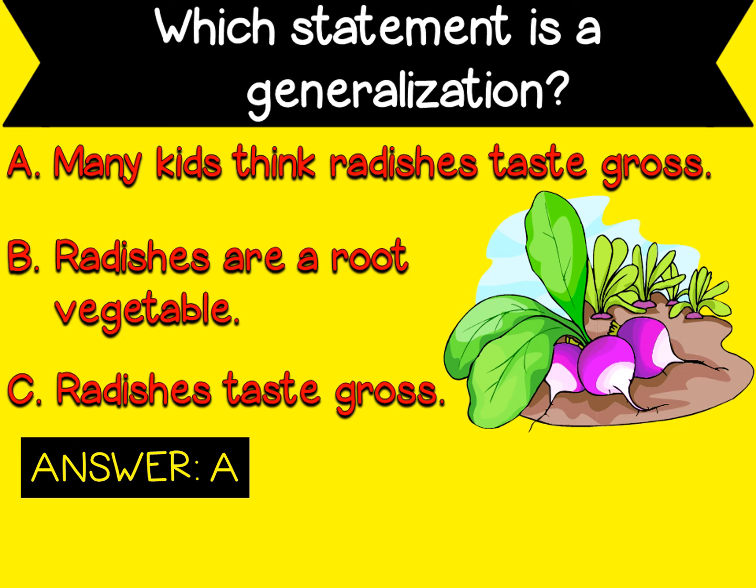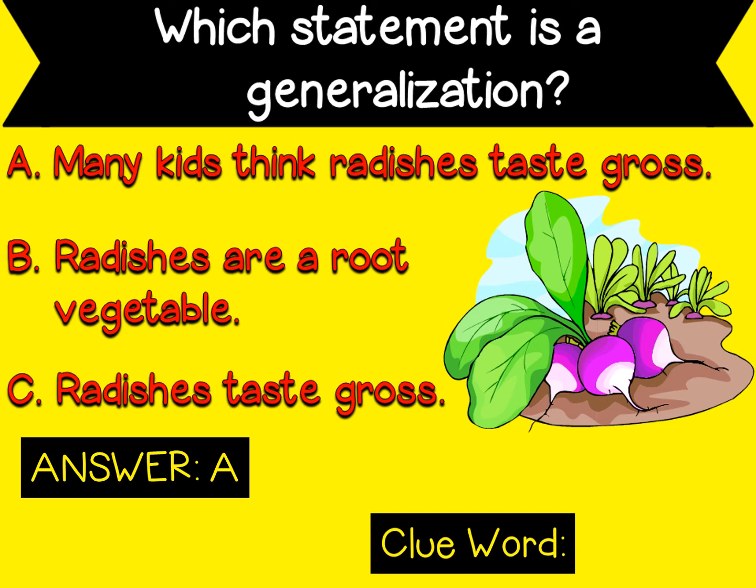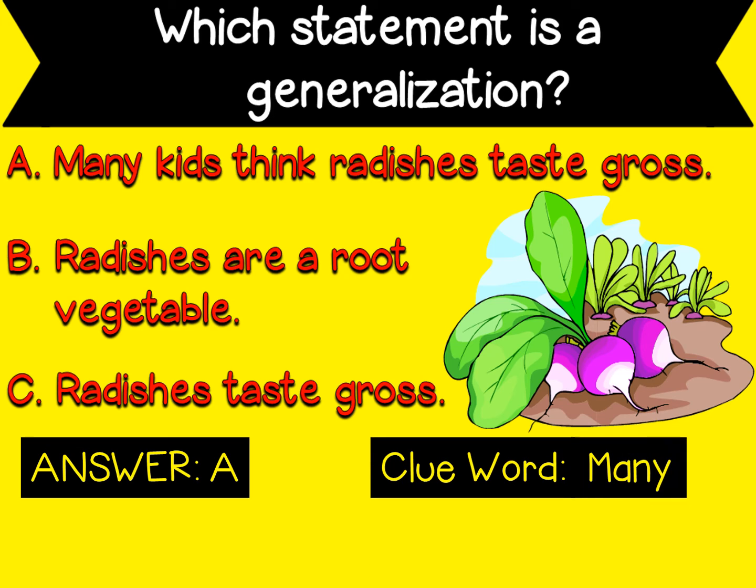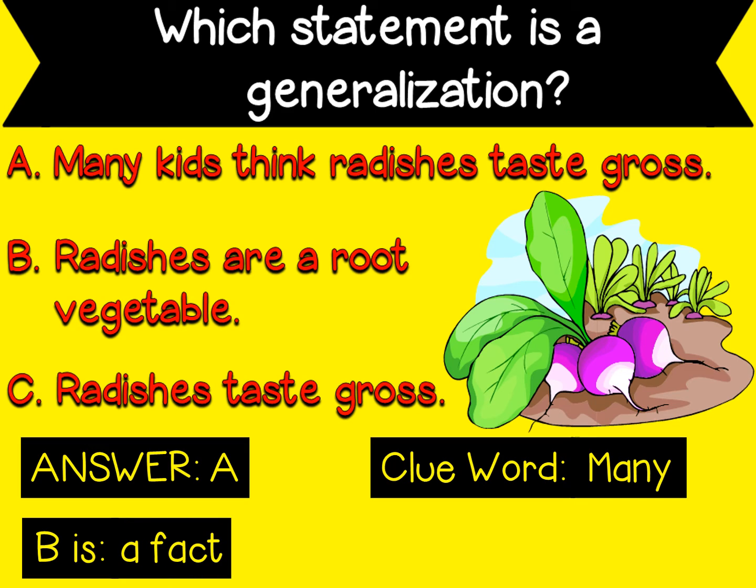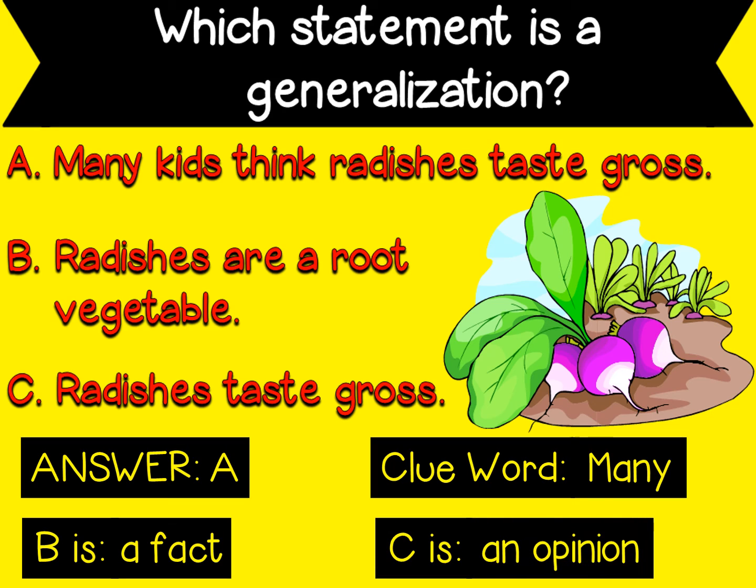Many kids think radishes taste gross, and that's a broad statement, putting everybody into the same category. So, which is the clue word? Many. Radishes are a root vegetable. B is a fact. So, radishes taste gross will be an opinion. Very good. That is C.